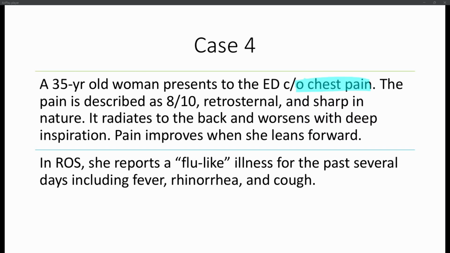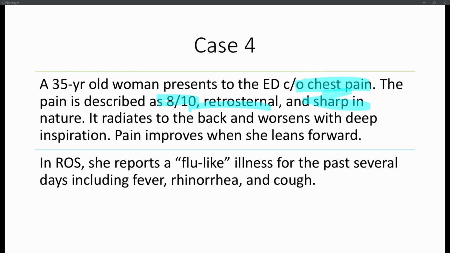So the pain is described as 8 out of 10, retrosternal in location, sharp in nature, like someone stabbing you. Does cardiac chest pain present with knife-like stabbing pain? It's pressure pain over an area. I can't point to an area of my chest where it hurts. It's kind of broad, non-localized.